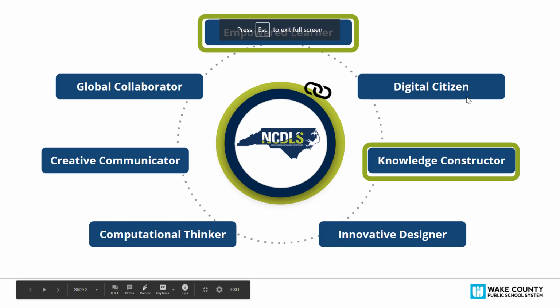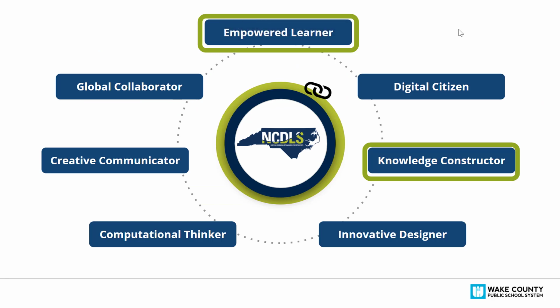As we begin today, we're going to start by taking a look at the North Carolina Digital Learning Standards for Students. The two standards that we're going to focus on today are Empowered Learner, where students can choose, achieve, and demonstrate competencies in their goals.